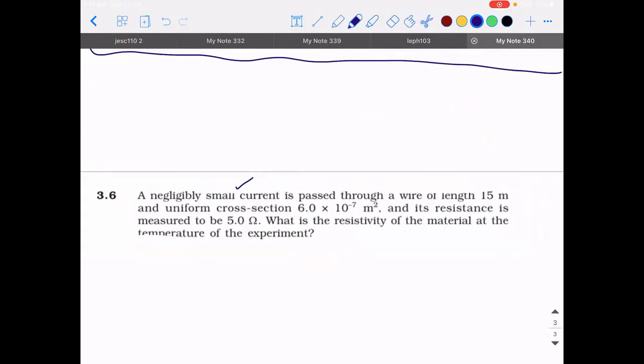So a negligibly small current is passed through a wire of length 15 meter, uniform cross section 6 into 10 power minus 7 meter square, and resistance is measured to be 5 ohm. What is the resistivity of the material at the temperature of the experiment?